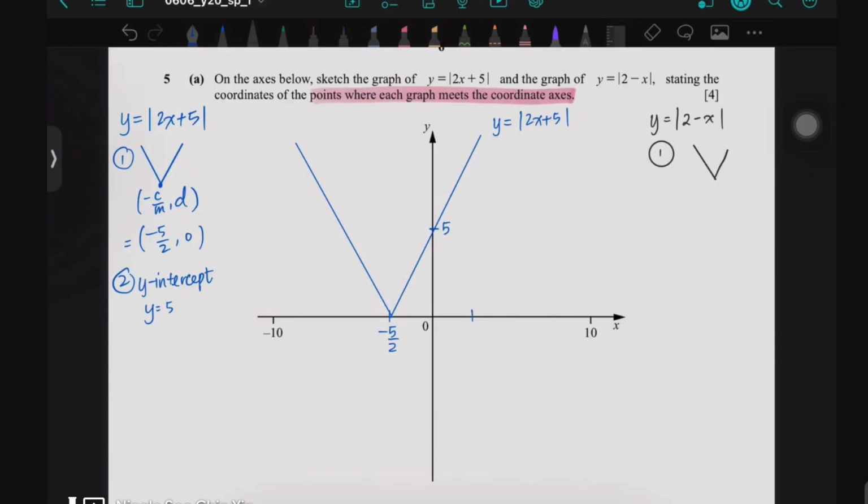Same thing, my value will be negative 2 over negative 1, 0. Number 2, y-intercept, y equals 2. This point here, you get 2 and 0. So probably you can put it somewhere here, y equals 2.